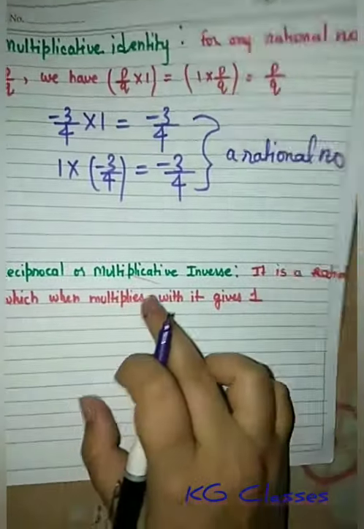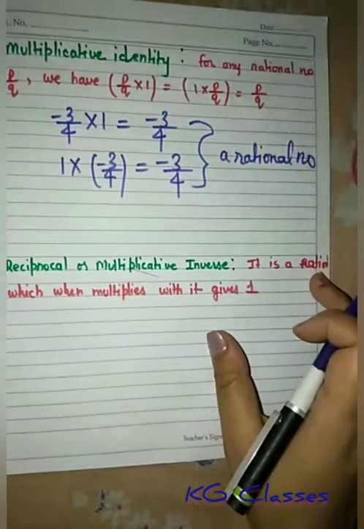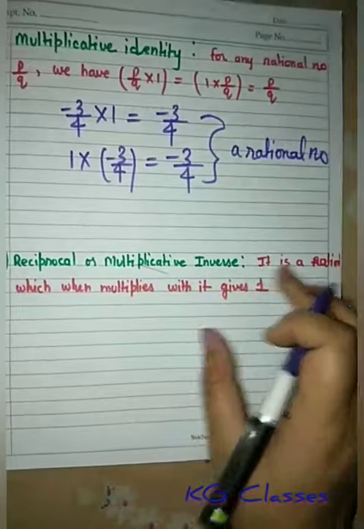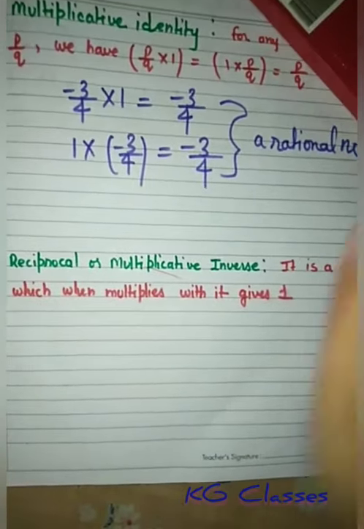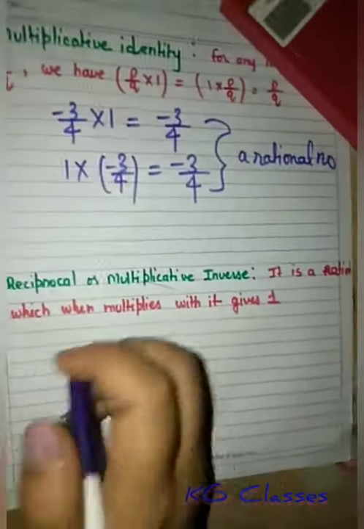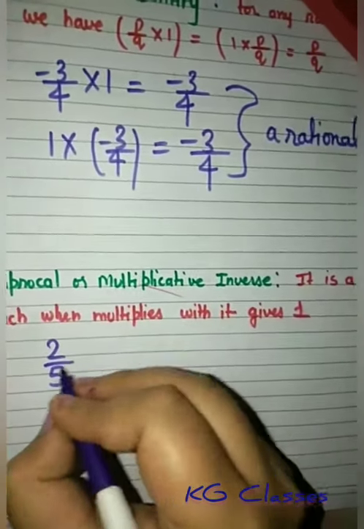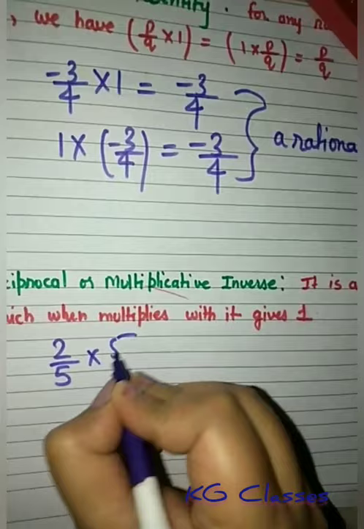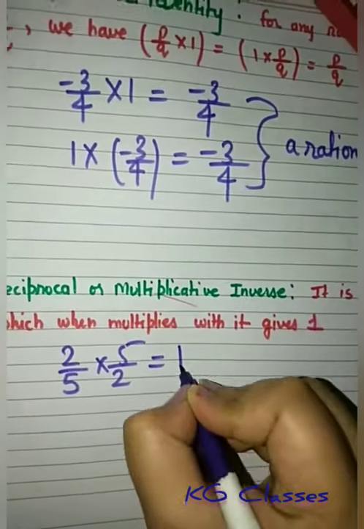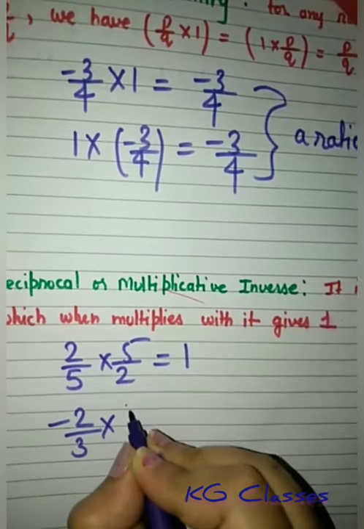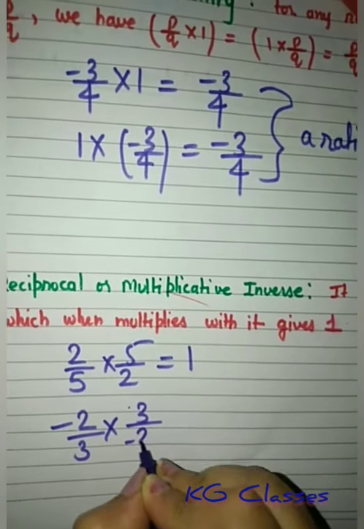Reciprocal or multiplicative inverse. It is a rational number which when multiplied with it gives 1. Like we have 2 by 5. If we multiply it by 5 by 2, what will we get? 1. If we have minus 2 by 3, we will multiply it by 3 by minus 2.